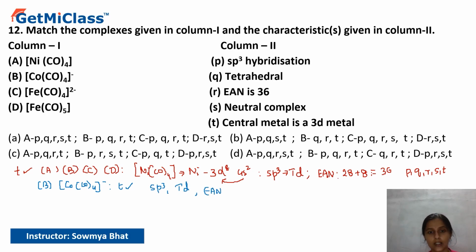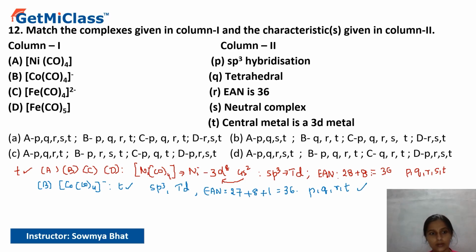If you calculate EAN, the number of electrons of the central metal is 27, and 8 electrons are given by the ligands, plus 1 because 1 electron is accepted, and EAN would be 36, but it is not a neutral complex. It's an anionic complex. As a result, the options P, Q, R, T are right.